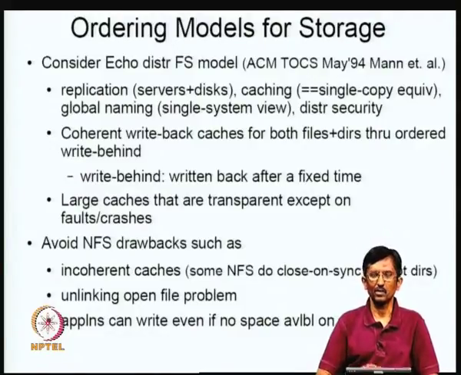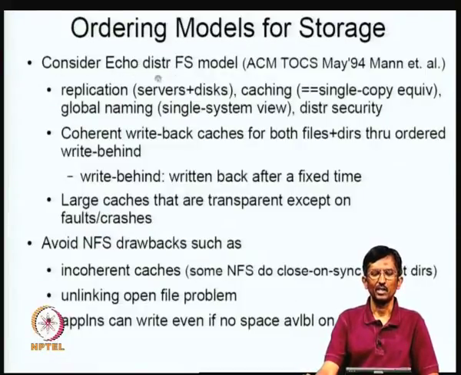Now, let us see how this particular design was attempted, exactly what kind of ordering they wanted to put in, how the virtual synchrony models could be used here, and why storage itself adds some other types of issues into the picture. We will try to look into some of these things.